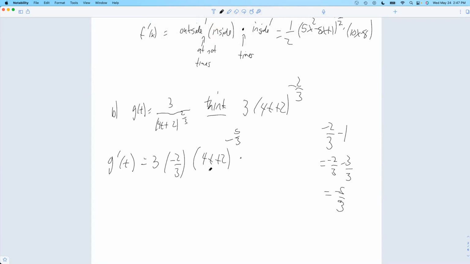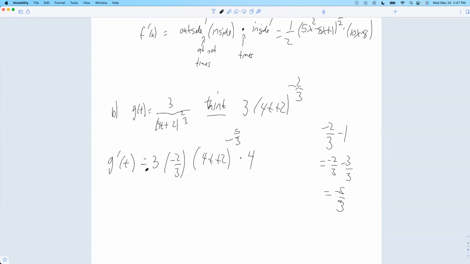Don't forget about this. Times the derivative of the inside. The derivative of 4t plus 2 with respect to t would just be 4. The derivative of plus 2 is just 0. So derivative of the outside, leave the inside alone, times the derivative of the inside.